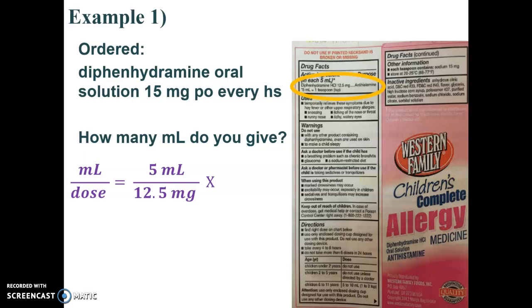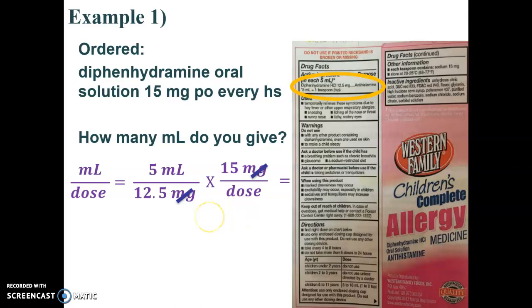But ours match, so let's just pull down that 15 milligram, and we're going to write it over the word dose now. We had been doing stuff over the number 1, but now we can start putting some more math and nursing terms in. So 15 milligrams is what we have been ordered to give per dose. Okay, so let's check our units here, make sure we got everything we need.